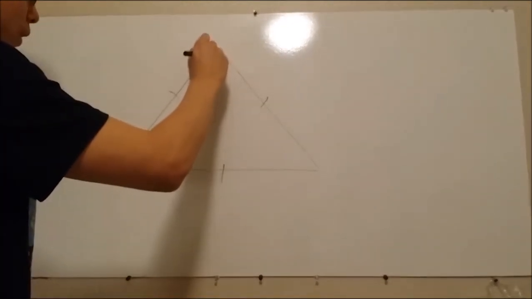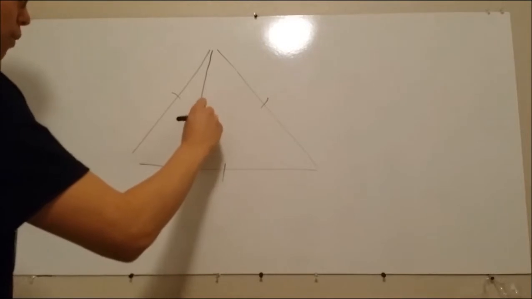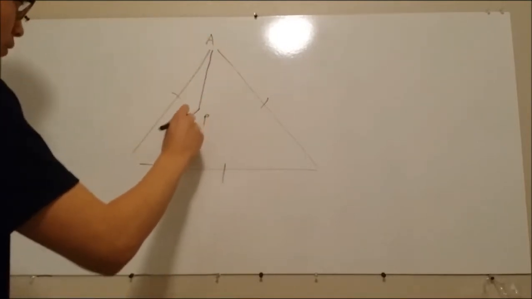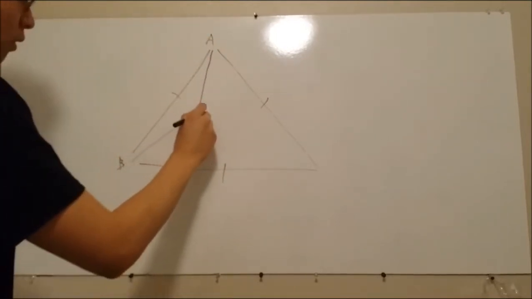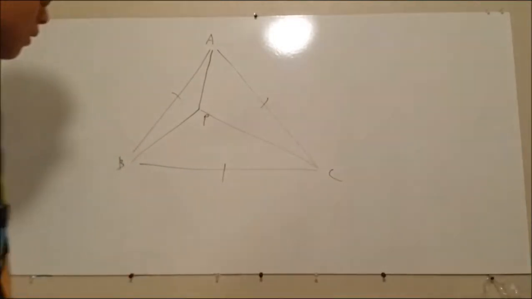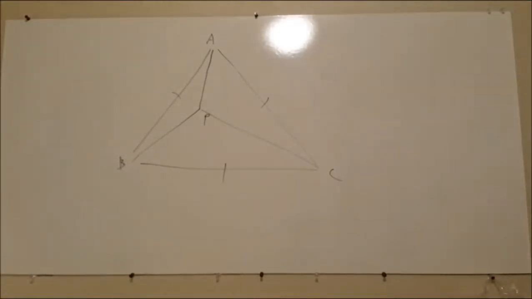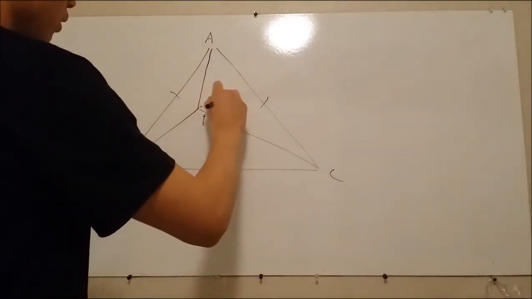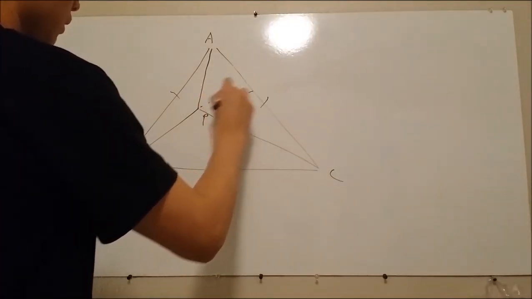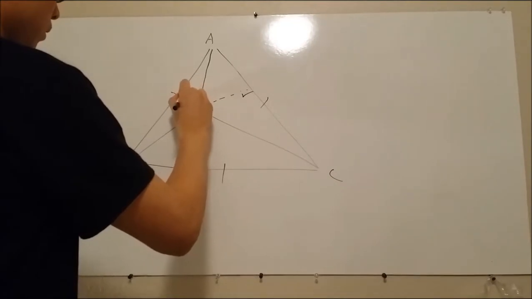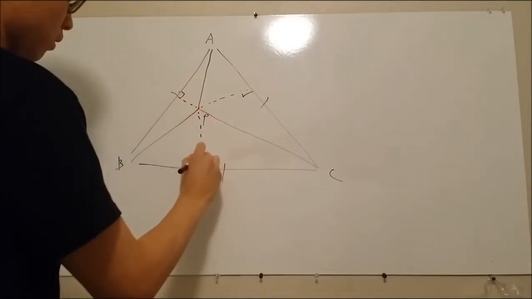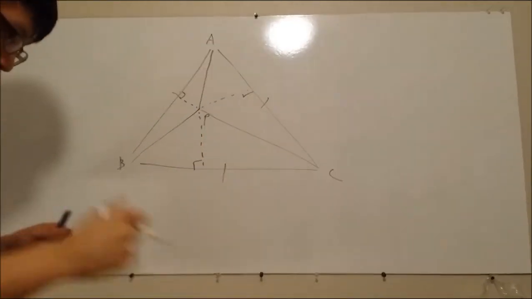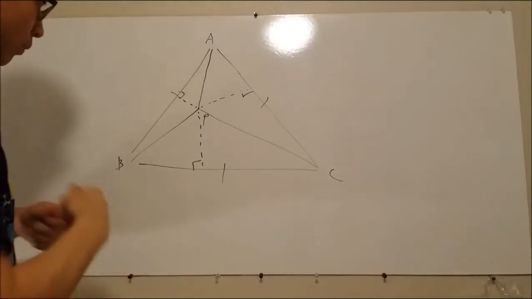And then we draw some helping lines from P to A, from P to B, and finally from P to C. Okay? And as before, we draw these distances. Okay? But we notice something here.